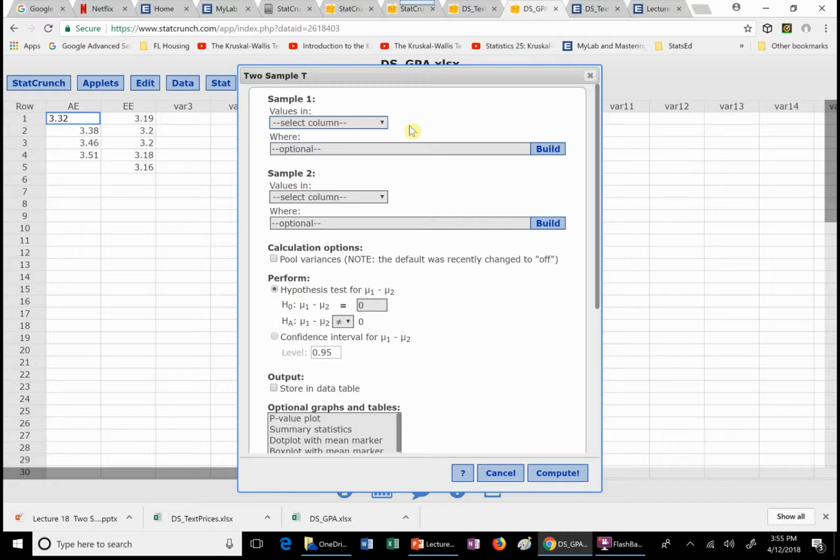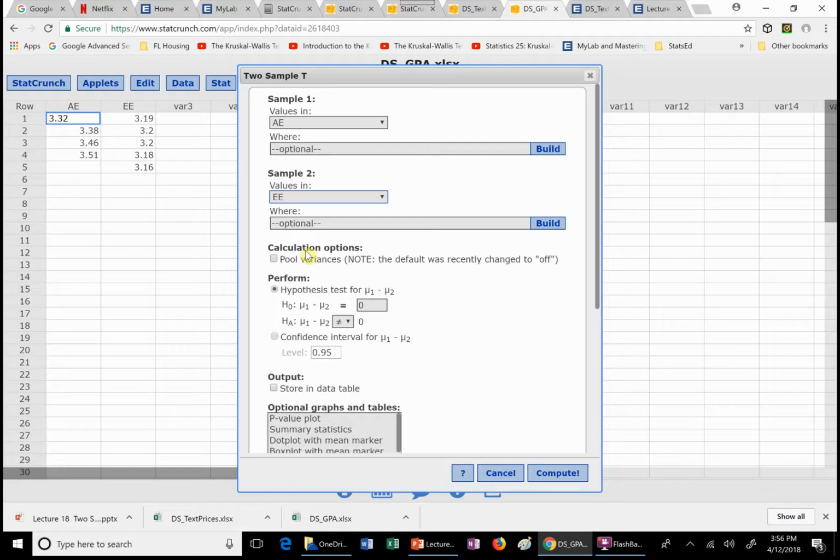So notice that if I call this 1, and I call this 2, right? Notice what the hypothesis tests. So in other words, when you enter your samples, okay, I'm going to go ahead and choose aeronautical engineering as being the first sample, the double E's as being the second. Notice the format of the hypothesis test, okay? The format asks us to look at mu1 minus mu2.